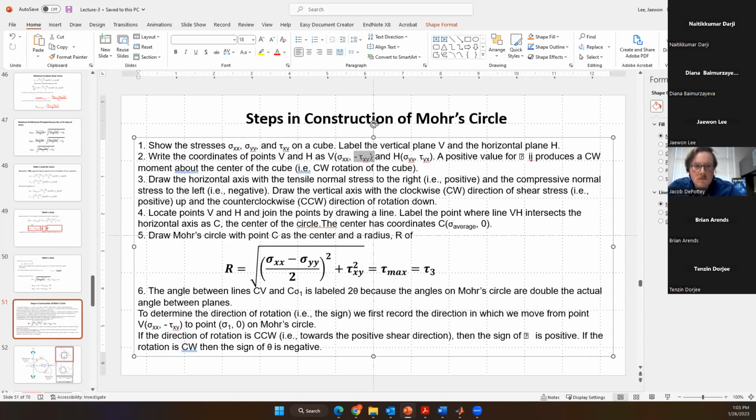That's very important: minus. H is sigma yy and tau yx. The reason we use the minus tau xy is that we are going to keep the same direction of the shear stress. So at this time we focus on the clockwise rotation of the cube.